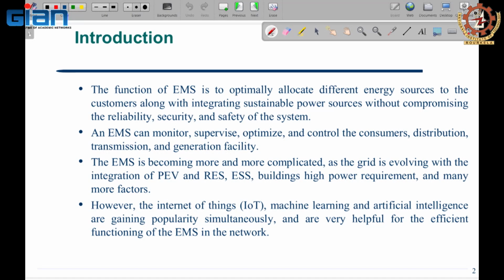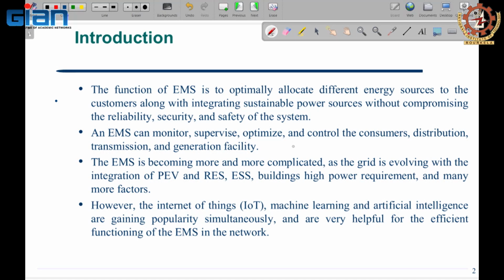So an energy management system can monitor, supervise, optimize, and control the customer's distribution, transmission, and generation facility.